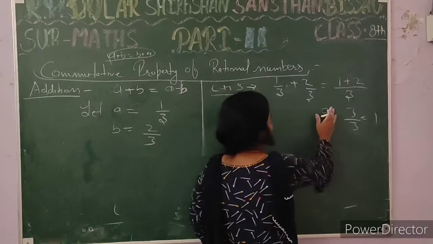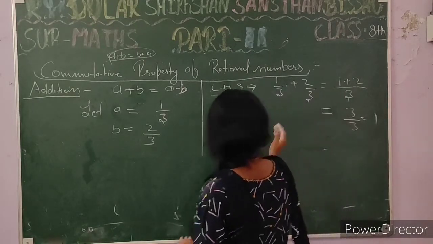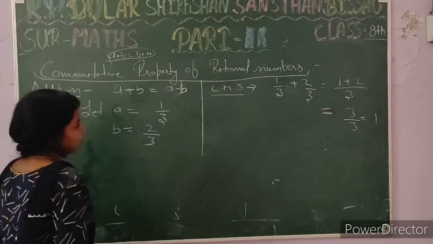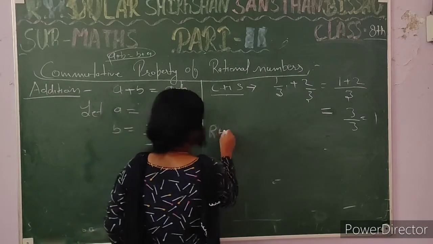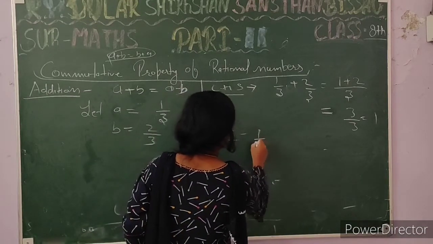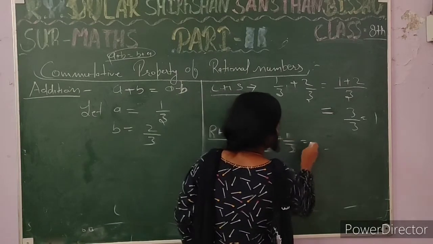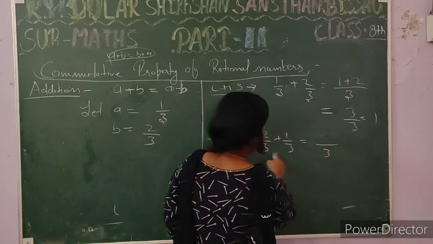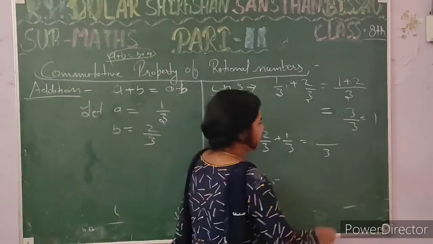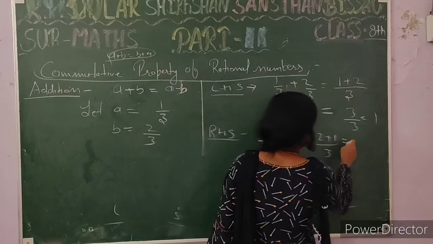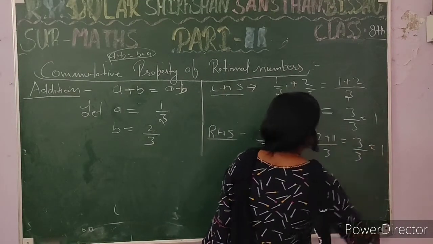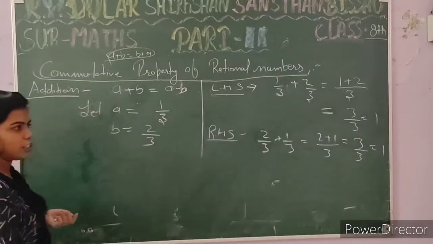Then RHS: 2 by 3 plus 1 by 3. The denominators are the same, so we write the denominator and add the numerators, 2 plus 1 is 3, 3 by 3 is 1. We say LHS is equal to RHS.